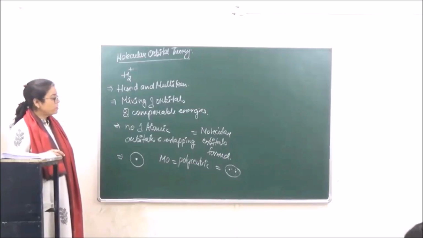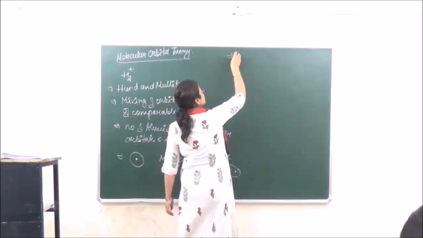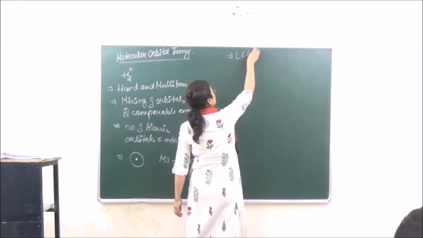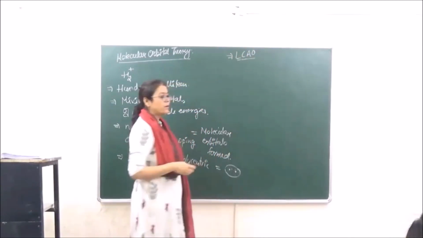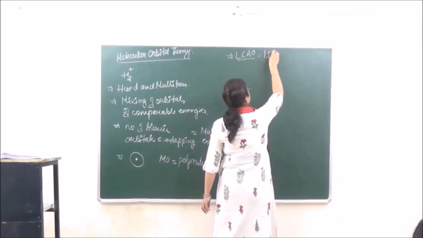Okay? Now when we are talking of overlapping of molecular orbitals, we discuss one method which is known as the LCAO method. LCAO method का मतलब क्या होता है?